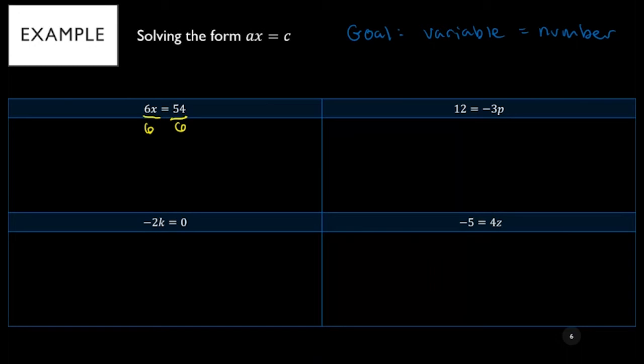Then 6 over 6 is equal to 1. That's how that disappears, because then we just have 1x, which simplifies to x because it cancels out. And on the right, we have 54 divided by 6. You would take your calculator and see, does that come out to a whole number? And that comes out to 9. So that gives us our answer, x equals 9.